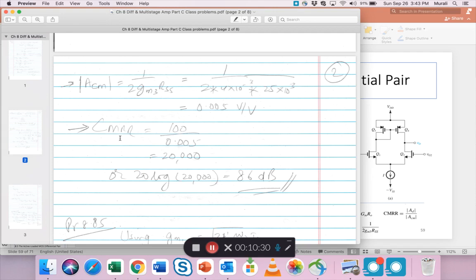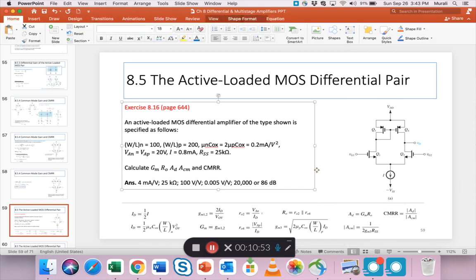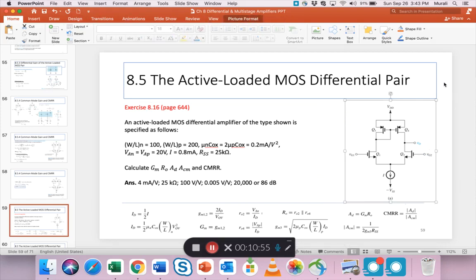Alright, so to find CMRR, you just do AD by ACM. I'm showing it in absolute value, but otherwise ACM should be a negative. There should be a minus sign here. I'm sorry if I missed that.